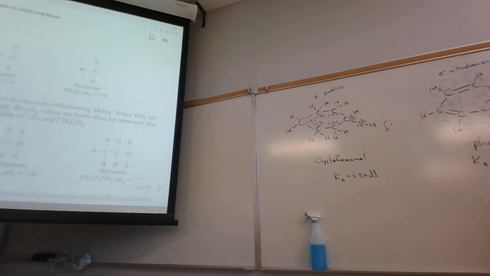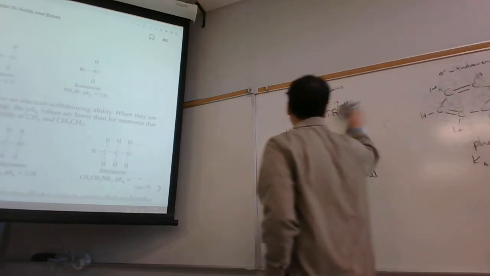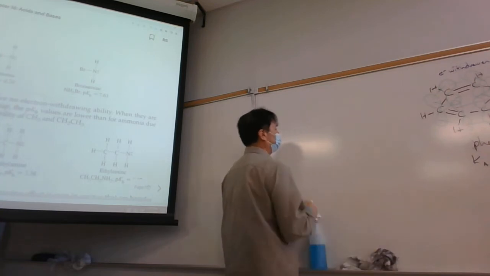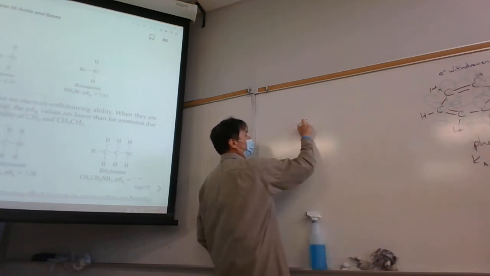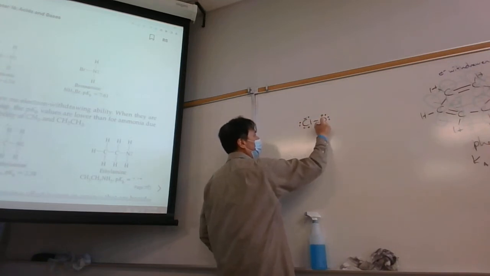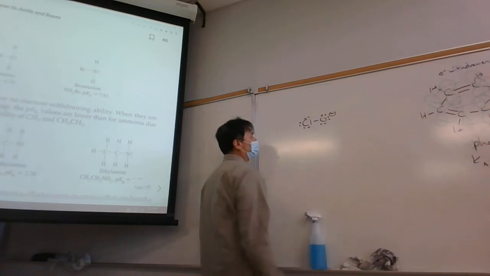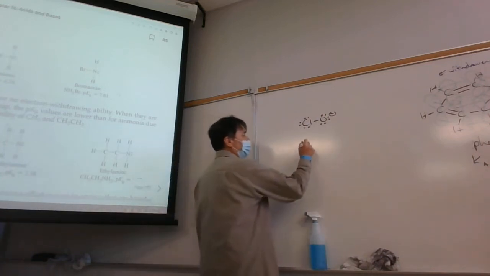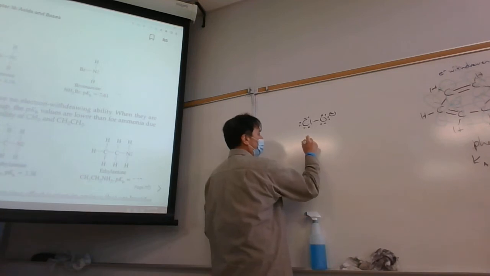You might recognize at all. And so one base would be this one. This is hypochlorite, which is the conjugate base of hypochlorous acid. And let's compare that with hypobromite.